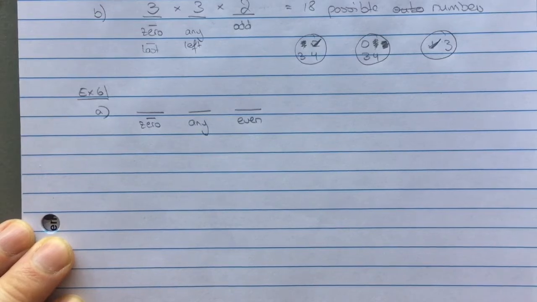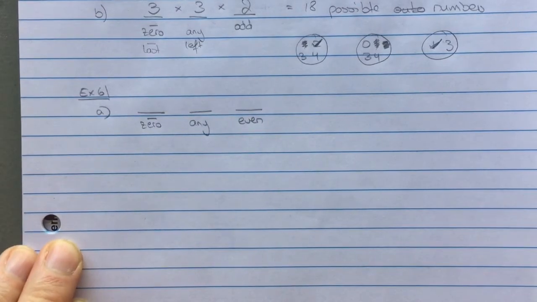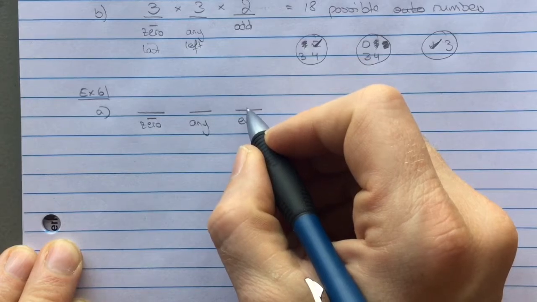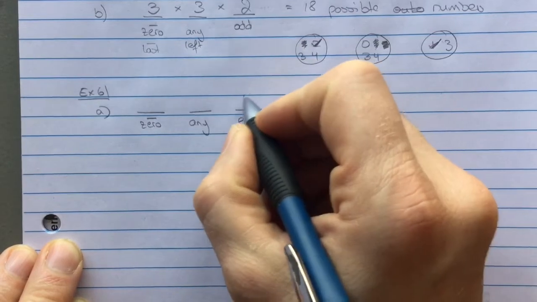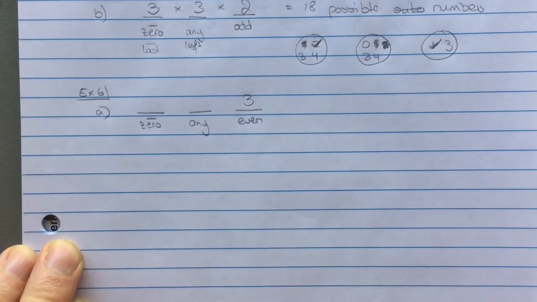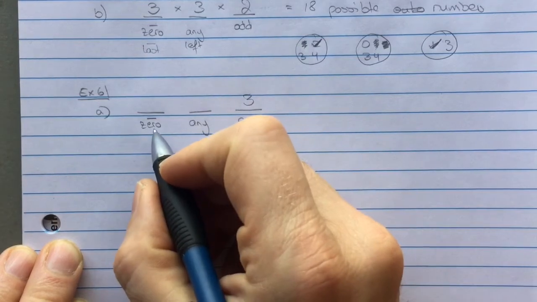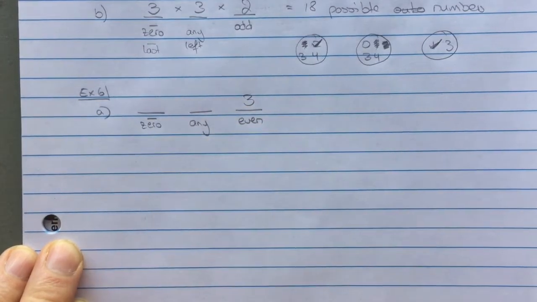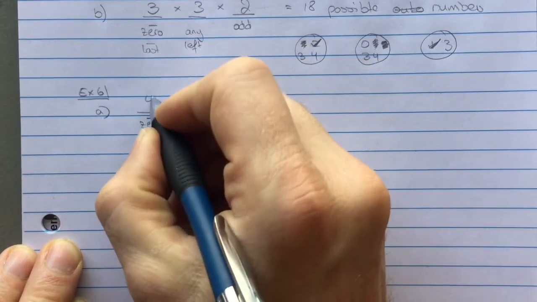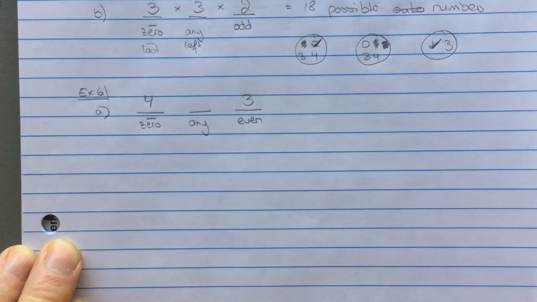So from the digits 0 to 4, there are 3 different ones that are even. So we have 3 choices for our last digit. If it can't be a 0, then there are 4 choices left for the first digit.